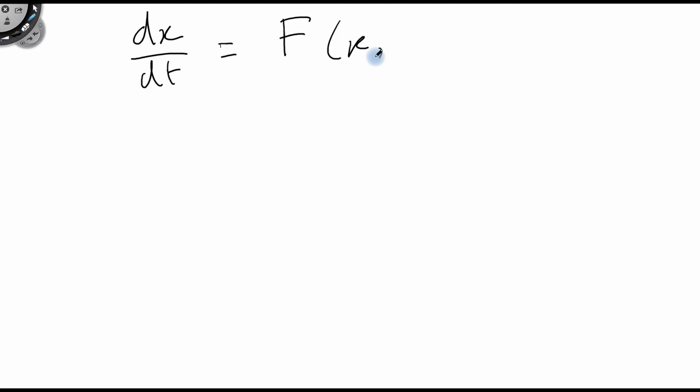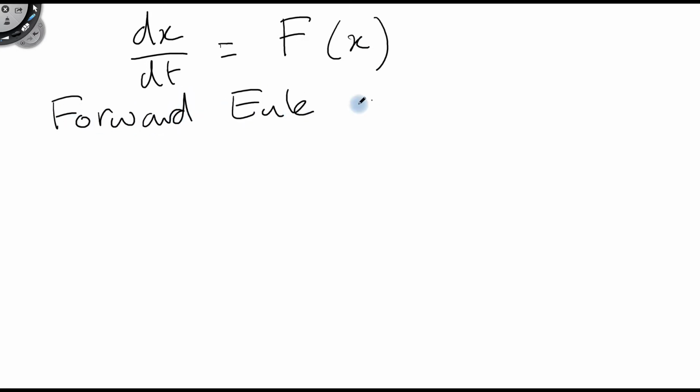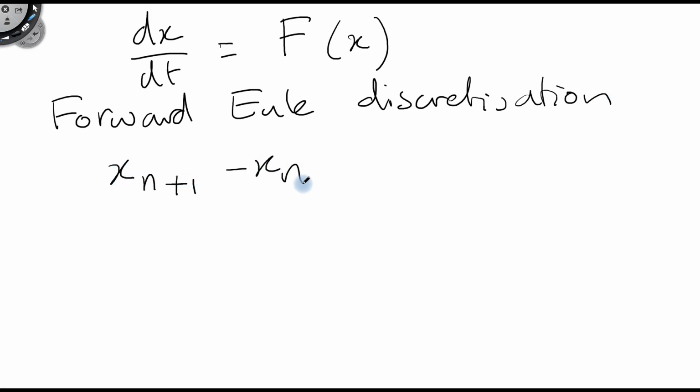And if we do the forward Euler discretization, then your x's go to xn, so this becomes xn+1 minus xn over delta t. And that's our first order discretization of dx by dt.